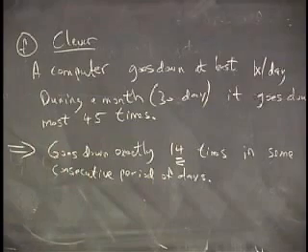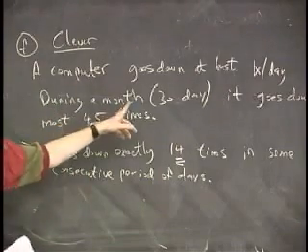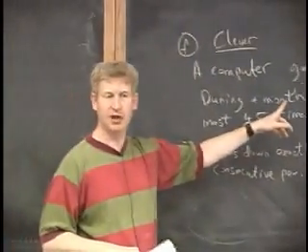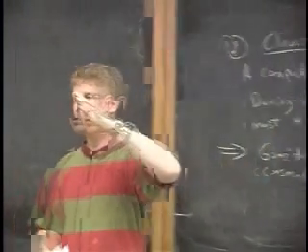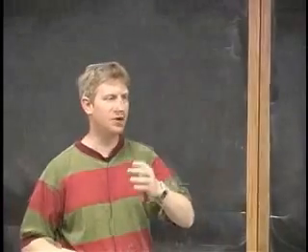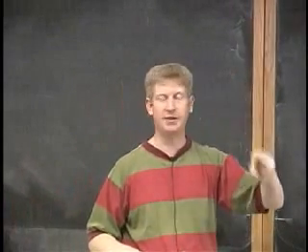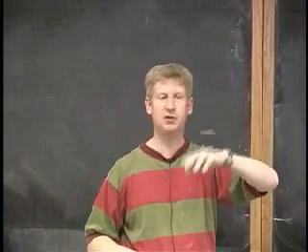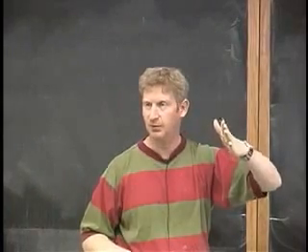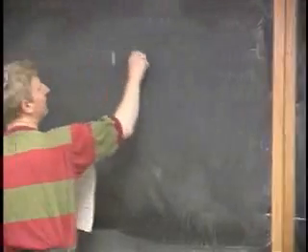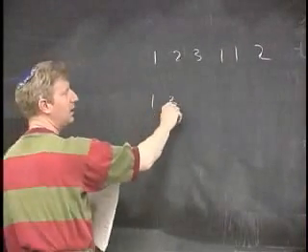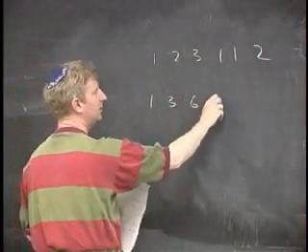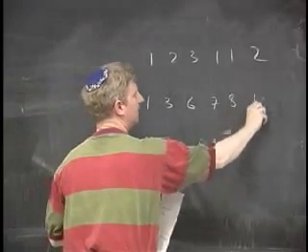We're going to make a sequence starting from the first day of the month, counting how many times this computer's gone down. So if it's gone down 3 times on the first day, our sequence would start with 3. If it's gone down twice on the second day, the next number in the sequence would be 5. So if the number of times it's gone down looks like this, then our sequence would be 1, 3, 6, 7, 8, 10.